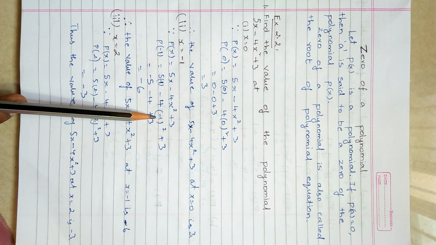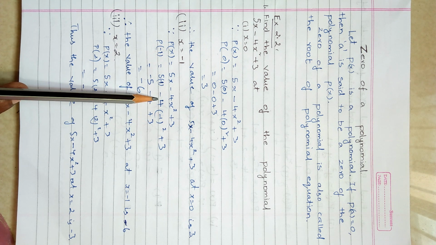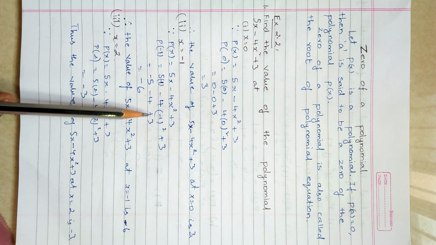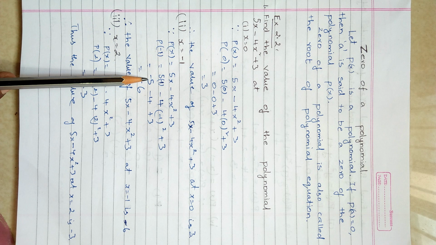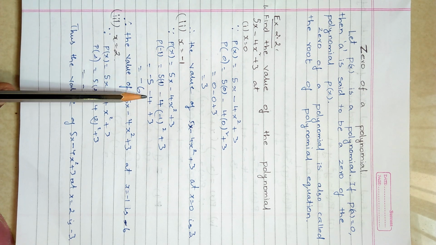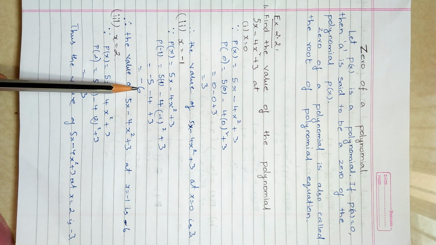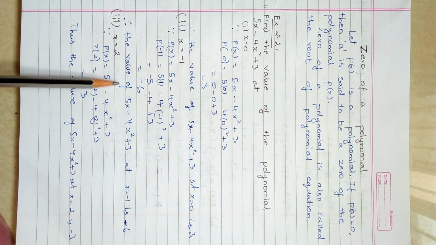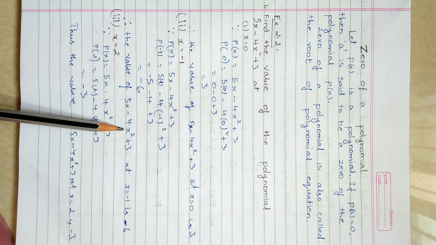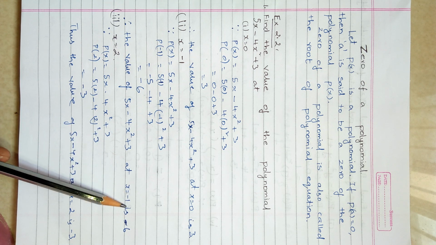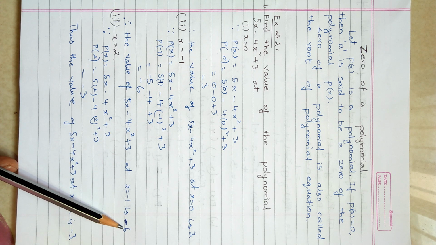Minus 1 the whole squared is 1. 1 into minus 4 is minus 4, plus 3. So minus 5 minus 4 is minus 9. Minus 9 plus 3 is minus 6. Therefore, the value of 5x minus 4x squared plus 3 at x equals minus 1 is minus 6.